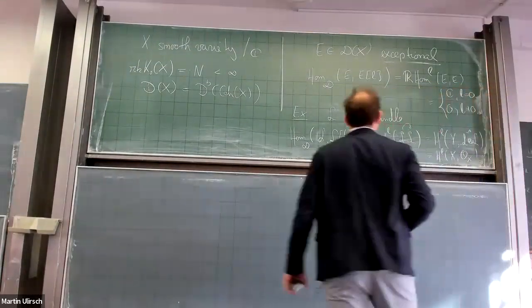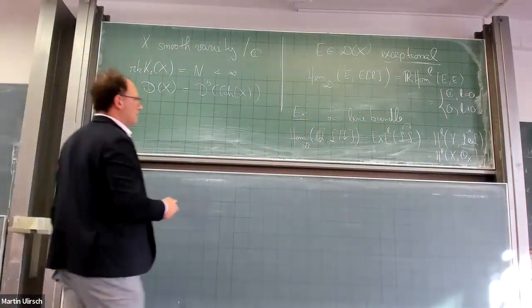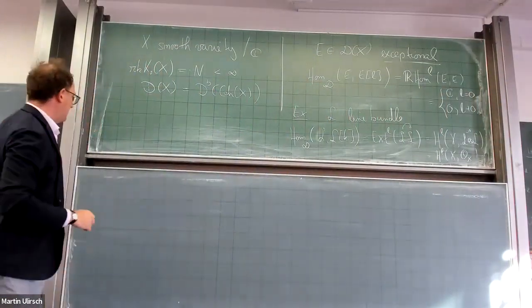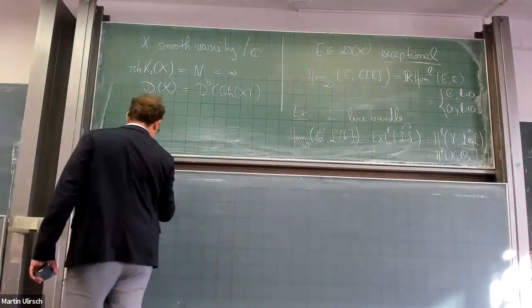So the line bundle will be exceptional if the structure sheaf is exceptional, that is, if the condition holds.